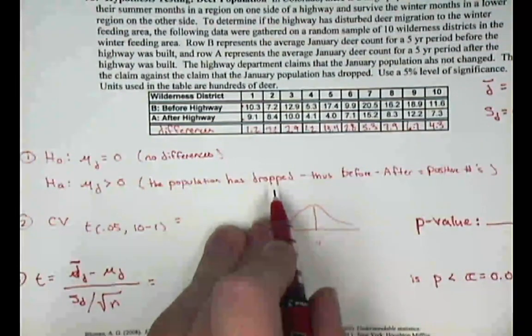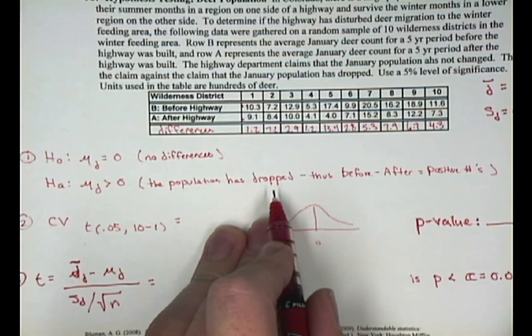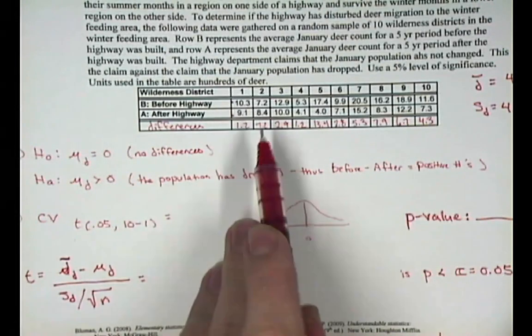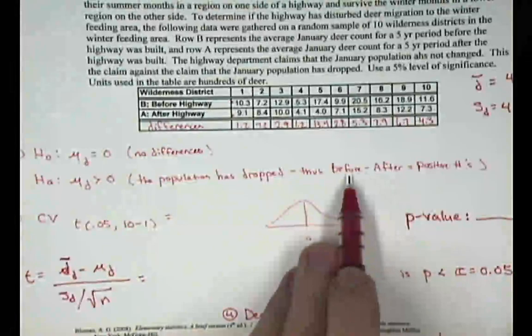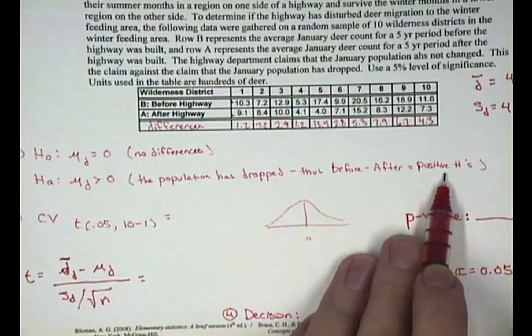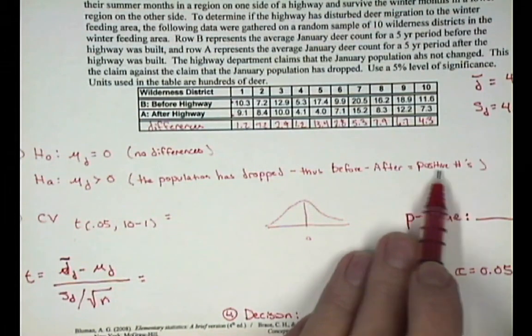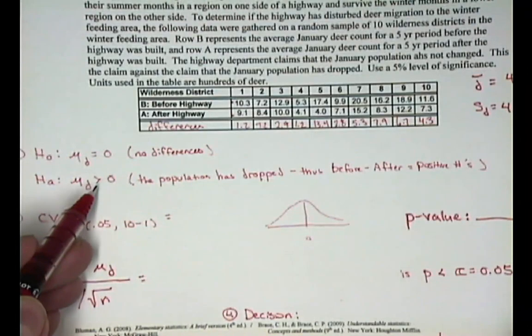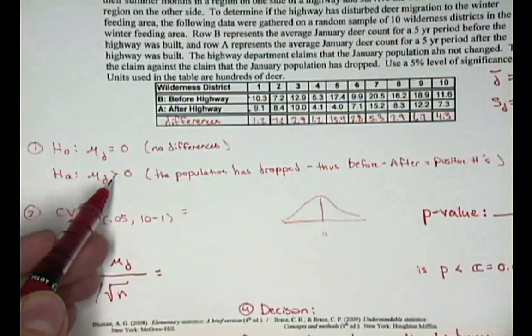Dropped, often you just want to put in a less than symbol, and I understand that instinct, but we took the befores minus the afters, and a drop would indicate a positive number for the difference, right? So you have to think about it mathematically. Thus, we want a greater than symbol in our alternative hypothesis.